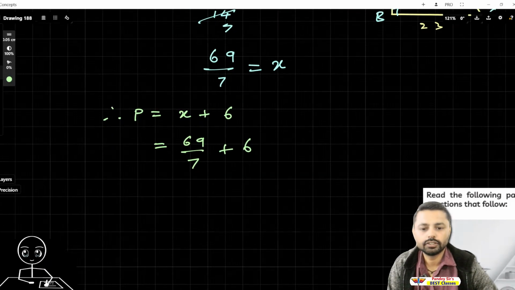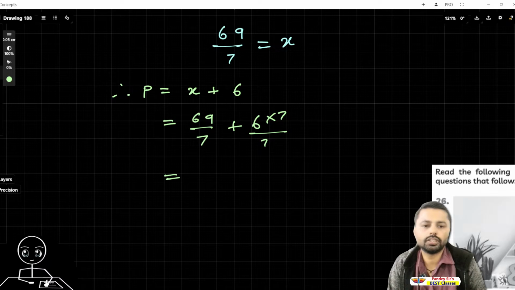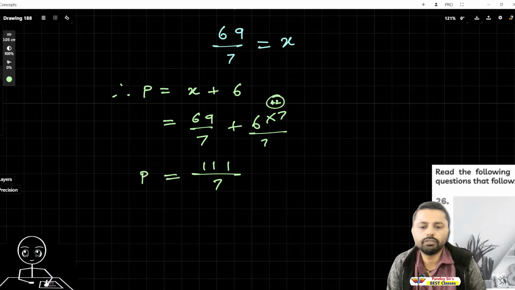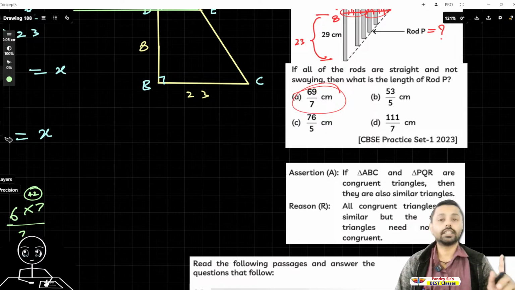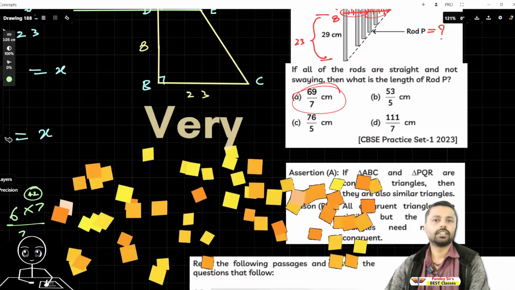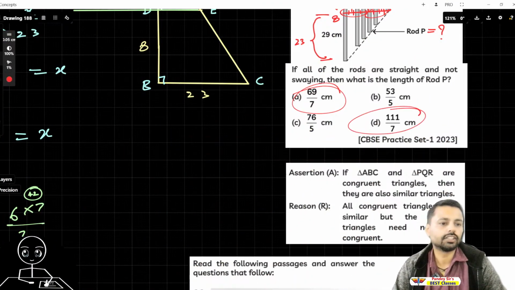Now how will you do it? 6 into 7 is 42, plus 69, we get 111. So P will be 111 by 7. Now, is there any option? Yes, there is that option, and that's the correct one. So D is the correct answer.